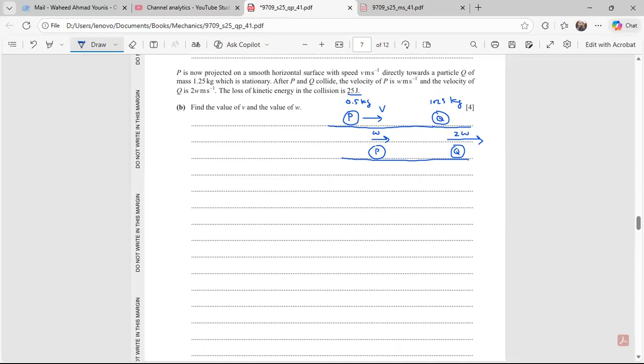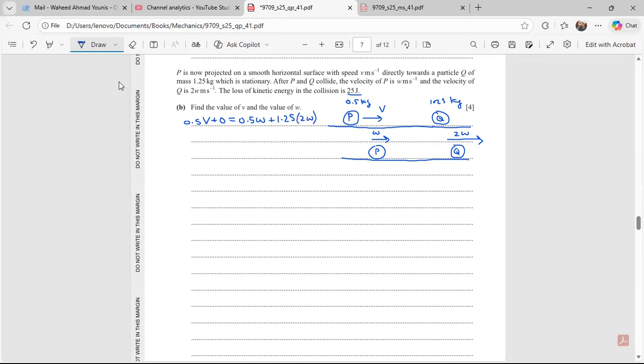So we know that the momentum is conserved. What's the initial momentum before the collision? It was 0.5 into V plus 0 for Q, right? So this is the initial momentum of the system. So this must be equal to the final momentum of the system. Finally, P has a mass of 0.5 kilogram and its speed is W, plus for Q the mass is 1.25 kilogram and its speed is 2W.